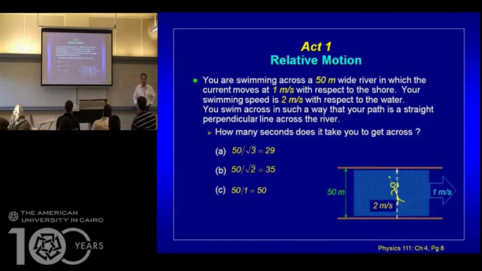Can you solve that? Who said no? Can you try? Yeah, you should figure out the direction. Yes, from the problem itself, you should figure out the direction. The 2 meters per second.